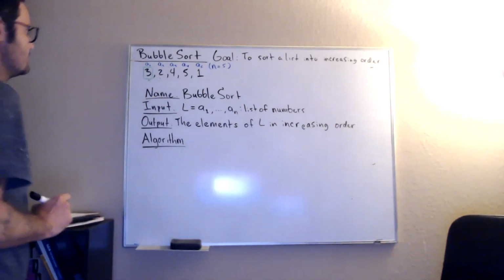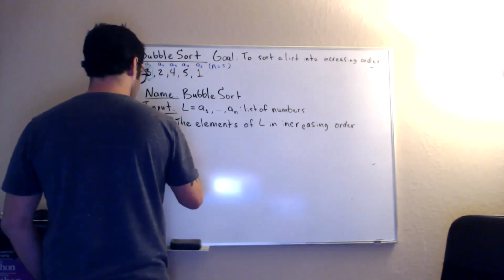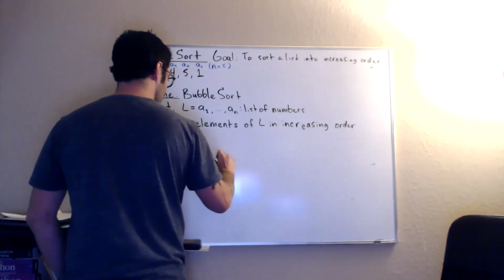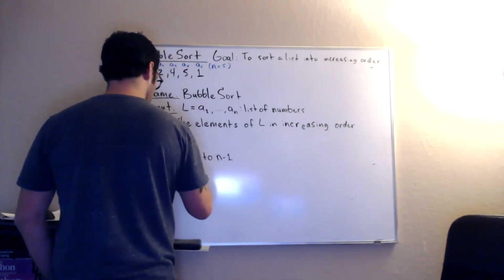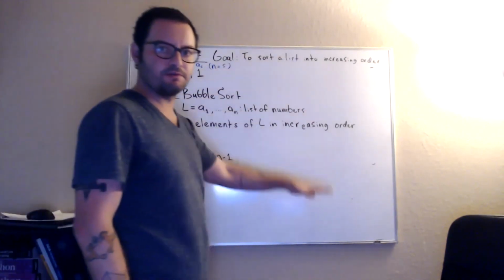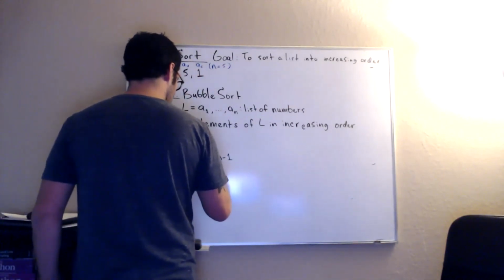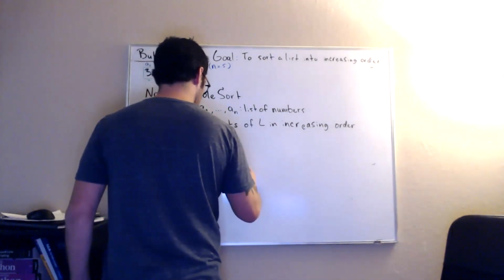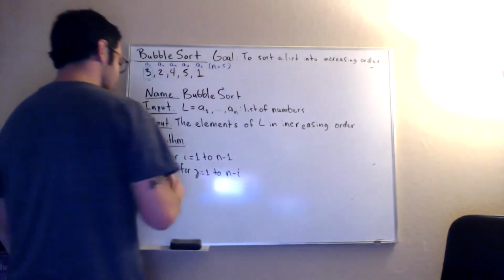Okay, so the way this is going to work is we're going to say for I equals 1 to n minus 1. So the I is going to be like the pass that we're doing, right? And then for j equals 1 to n minus I. So for each of these j, we're going to index through the list.